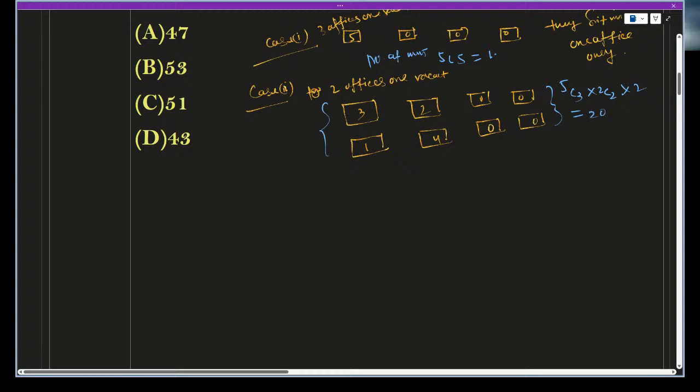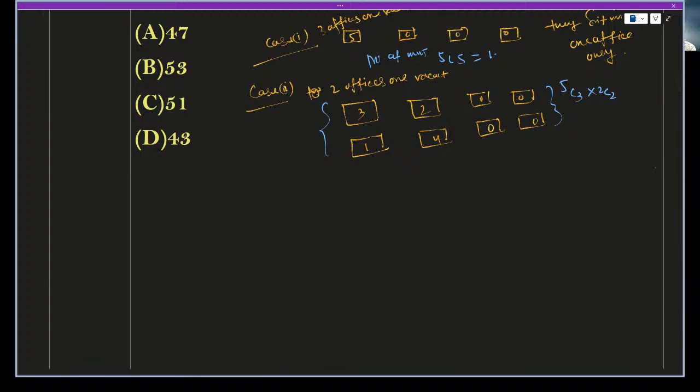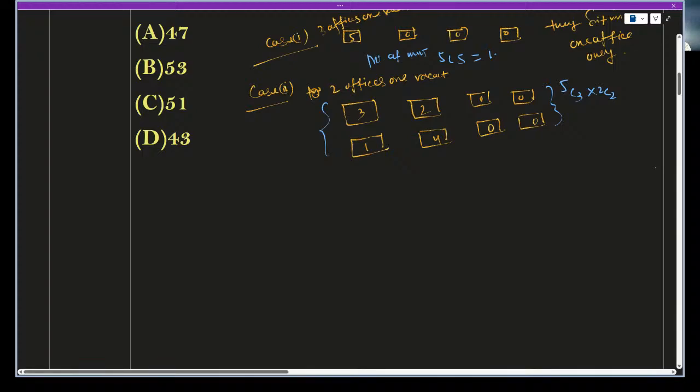We are selecting 3 here, 2 here. Achha, you can see that here it is different. Wait. I have taken this way, no? 1, 4. So 5C3, 2C2 left because 3 are selected and kept over there.